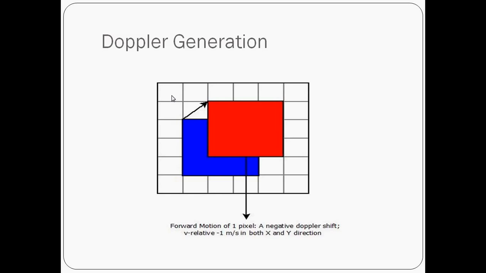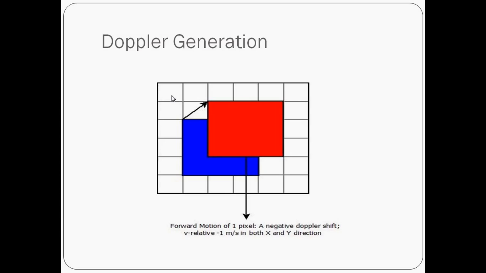So we determine the Doppler shift according to the movement of the template block in the previous frame to the current frame. So the blue block is the one which is detected in the previous frame, and the red block shows us that the block is now moved to this position. So this movement is a forward motion, and considering that our UAV is at a stationary condition, this is a forward motion.